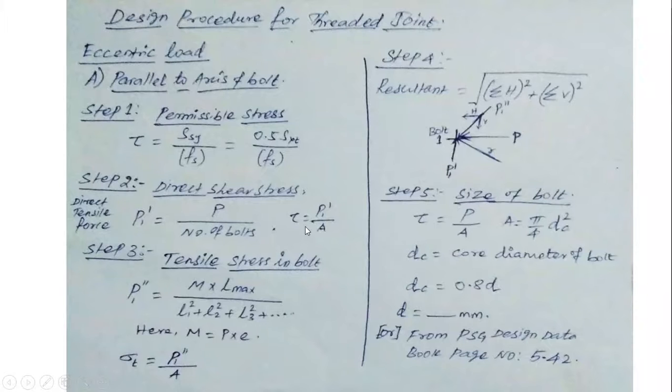How many bolts are given in this arrangement? All the direct shear forces acting on the structure are equal. Then direct shear stress equal to P1 dash divided by area. Here the area formula is pi by 4 dc squared, where dc means core diameter of the bolt.